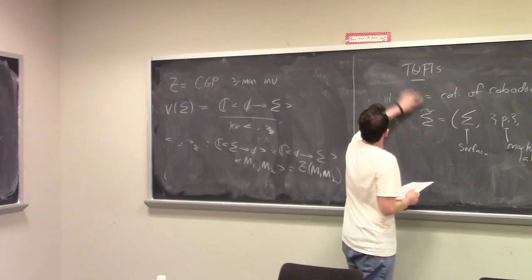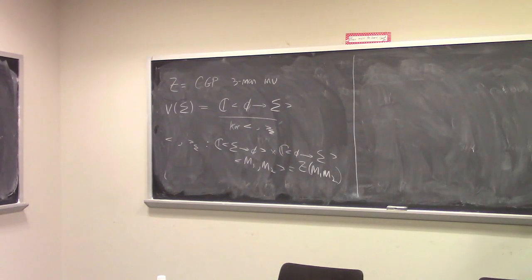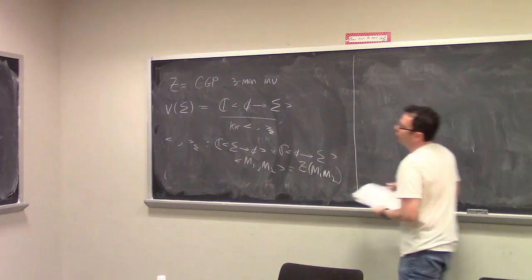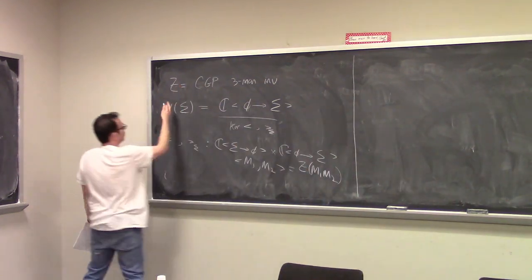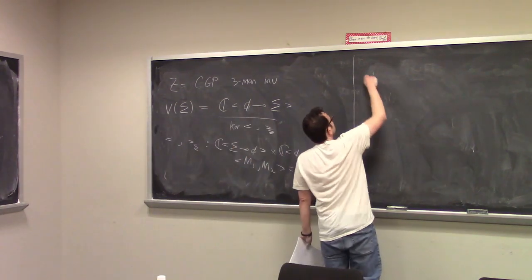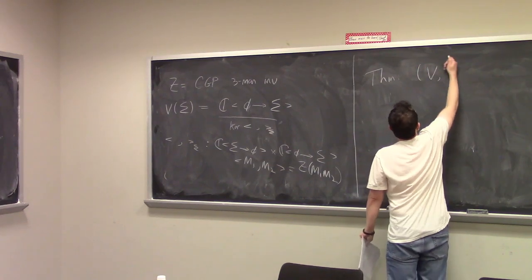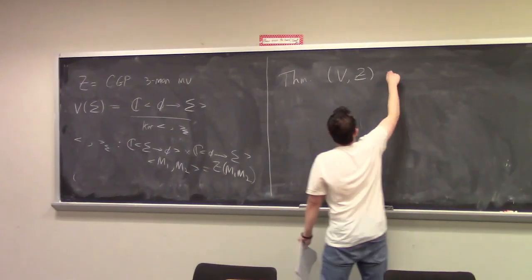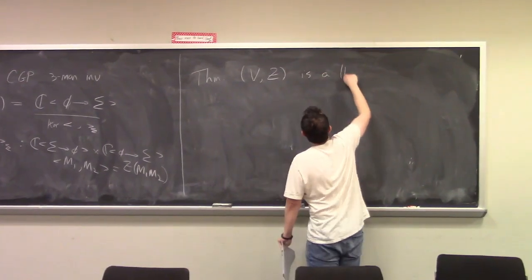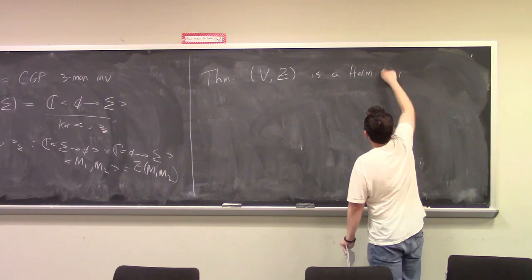Okay, and so now maybe the main theorem. So we have this CGP evaluation. We have these state spaces. And so now the theorem is that these state spaces, along with this evaluation, is a Hermitian 2+1 dimensional TQFT.